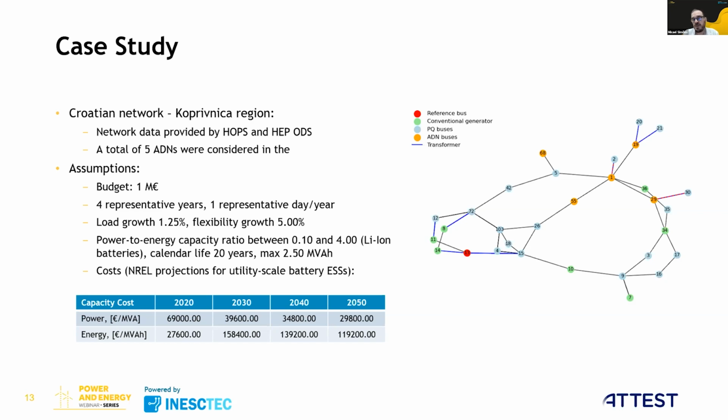Power to energy capacity ratio corresponding to lithium-ion batteries and a calendar life of 20 years. Maximum installable capacity of 2.5 megawatt-hours. The costs were obtained from the National Renewable Energy Laboratory projections for utility scale battery energy storage systems.